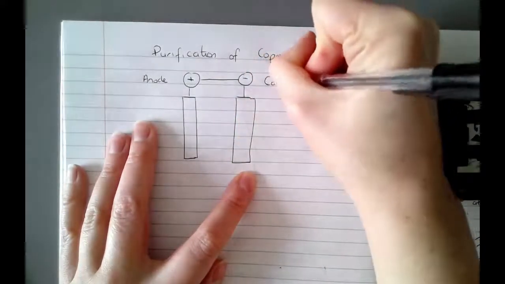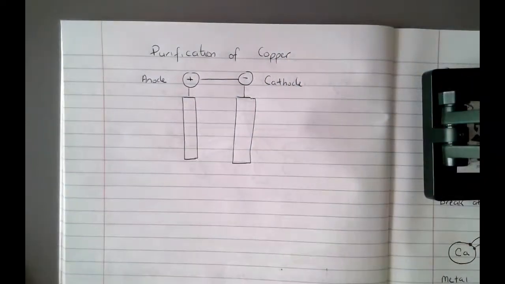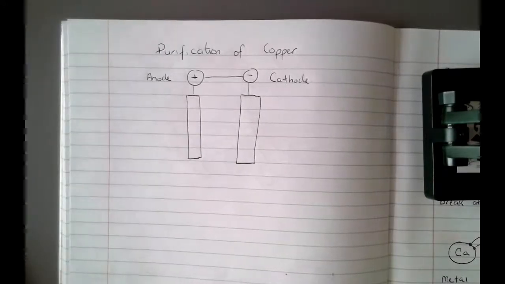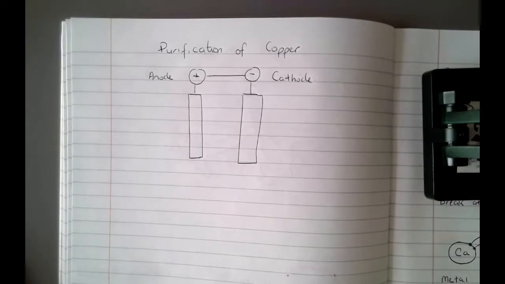In the previous videos, we've looked at what substances we typically use for the anode and the cathode. And we've seen that we use inert materials, so unreactive materials, and we typically use the unreactive metal platinum, or else we use graphite.